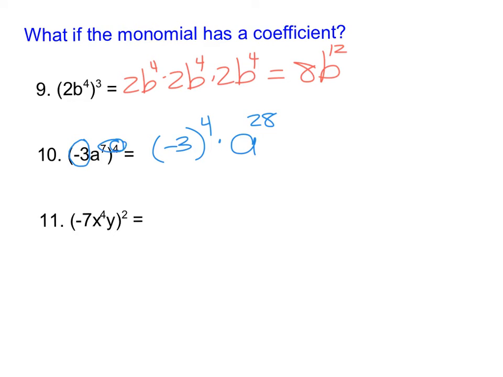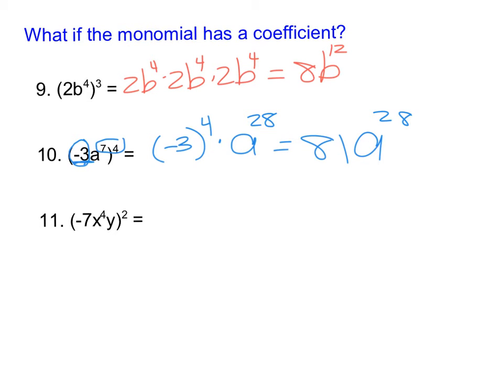So we multiply, but we also have to raise the coefficient to the 4th. -3 to the 4th is -3 times -3, 9, and then times 9. So it's 81, a to the 28th. So the key here, you can do these faster by just multiplying the exponents, but just be really careful and don't forget your exponent.